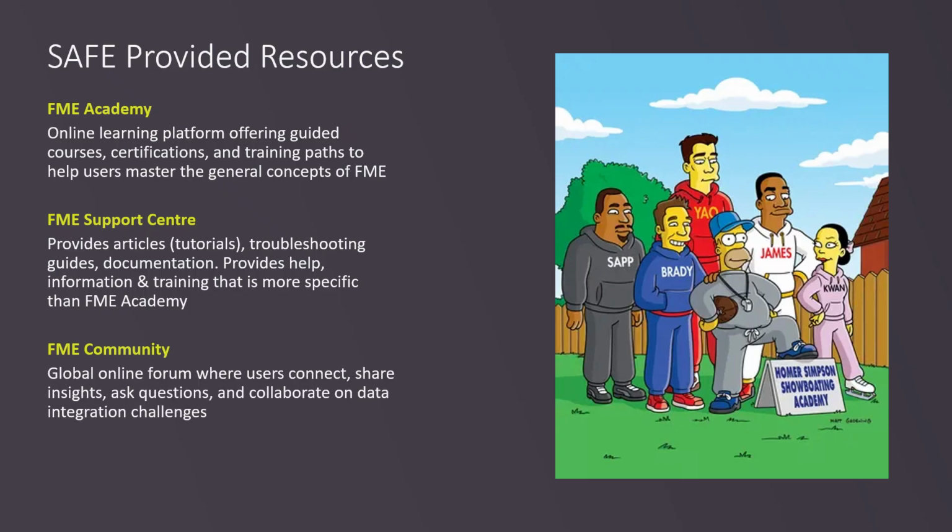And then there's also the FME Community, which is also a great place to go if you get stuck, because it's a forum where people post their insights, ask questions, post their issues, and everyone collaborates on helping each other out and enriching FME and how it can adapt to the ever-changing landscape of data and new data formats.